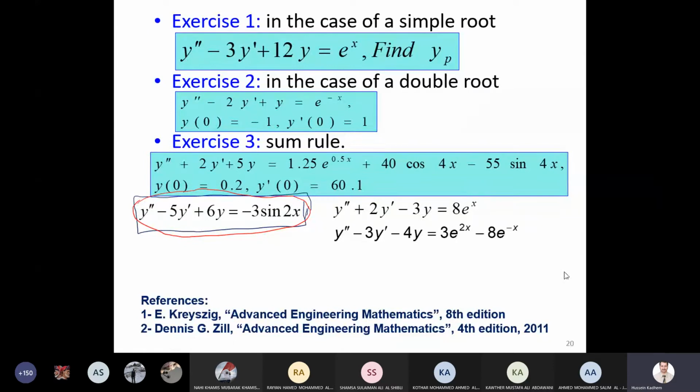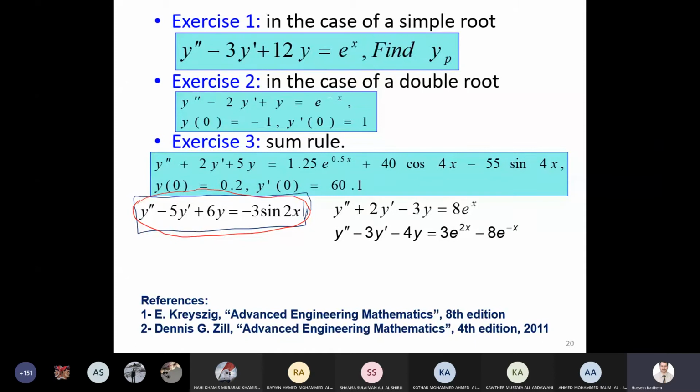You can start now and tell me when you finish the homogeneous. Start with the first part, homogeneous. When you finish it, let me know how much you got. Anybody found it?